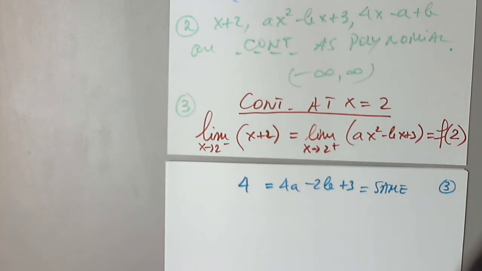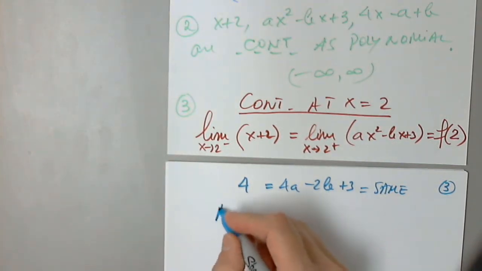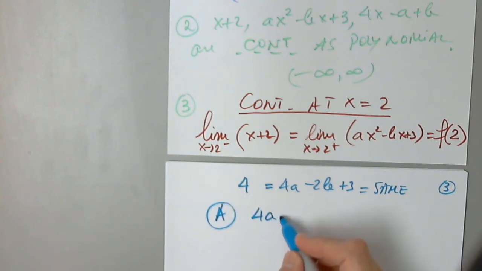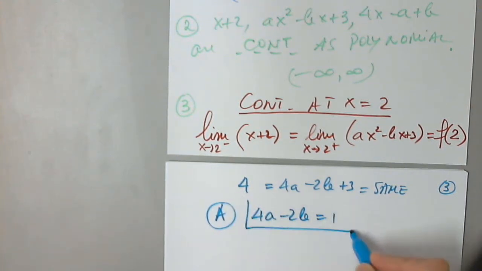So this is what type of equation? And you have to say linear with 2 variables, correct? Let's clean it up and put everything in correct order. 4a minus 2b equals 1. This is equation A. 4a minus 2b equals 1. I move 3 to the other side.